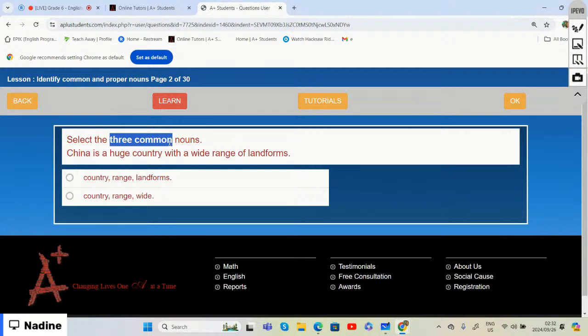So country, range, landform, option one, or option two, country, range, wide. Which one is correct?